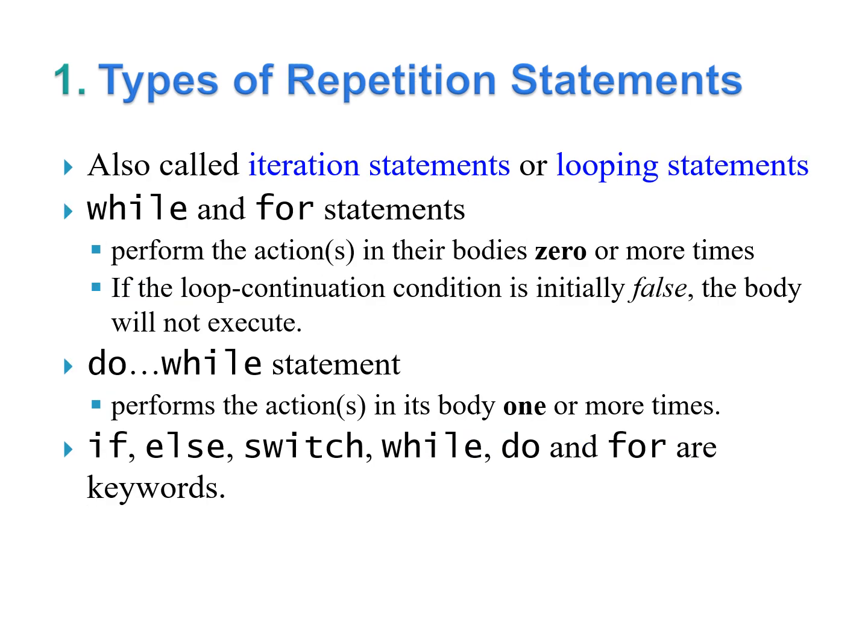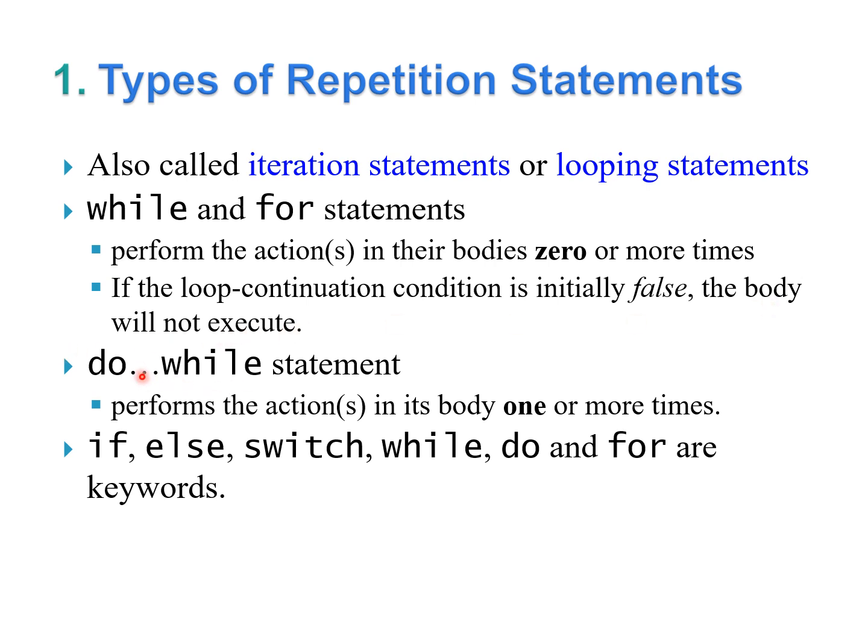There are also 3 types of repetition statements in Java. The first 2 types are the while statement and the for statement. Both of them perform the actions in their bodies 0 or more times. If the loop continuation condition is initially false, then the loop body will not execute.